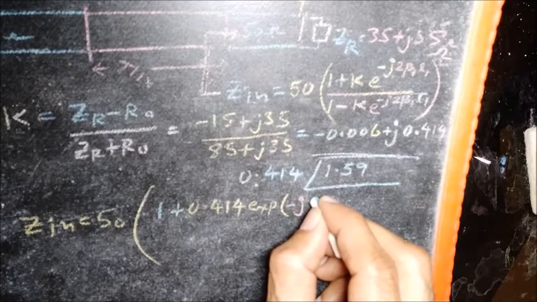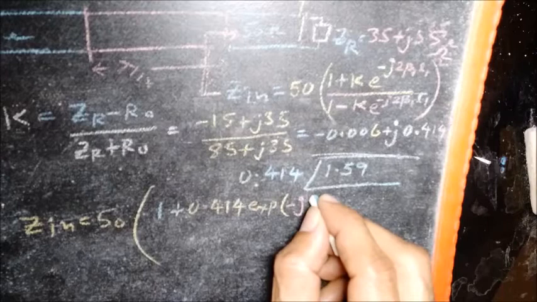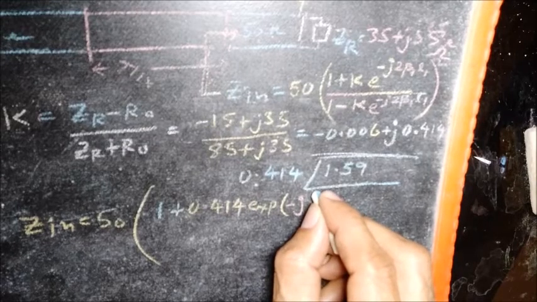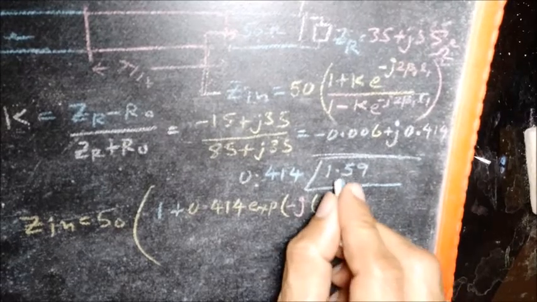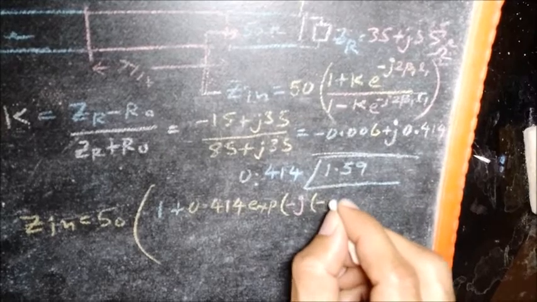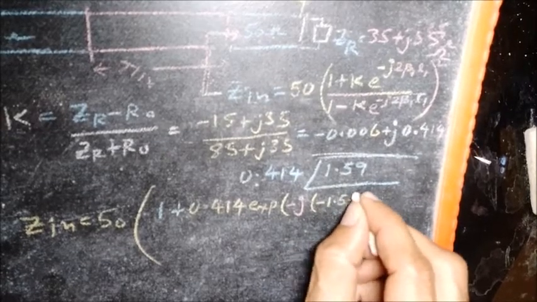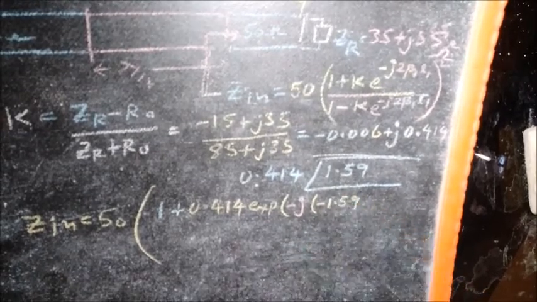The 2 beta 1 L1 I will write later. So inside this I will write, because I have this phase angle, minus 1.59. That is the phi that we had.